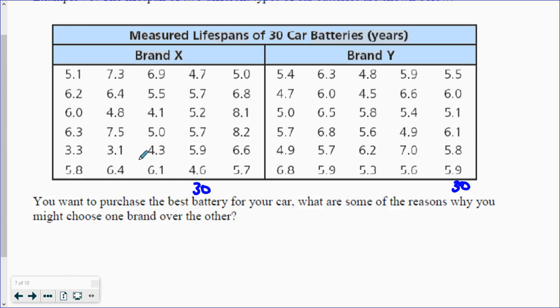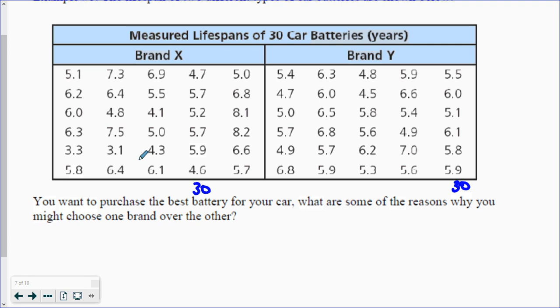So you can punch these all in your calculator one by one, add them all up, or try to order it all. It gets a little hairy though, right? If you put in 50 instead of 5.0, you end up with a median that's way off, or a mean that's way off.